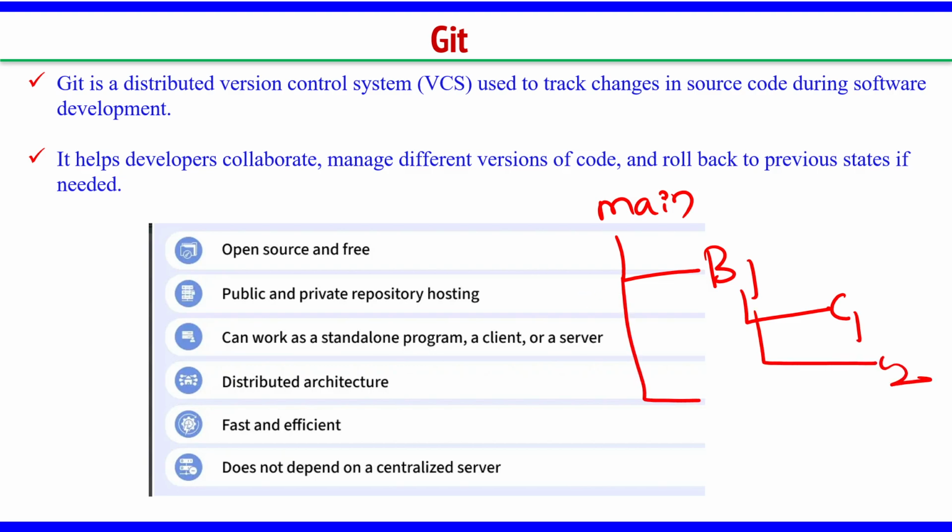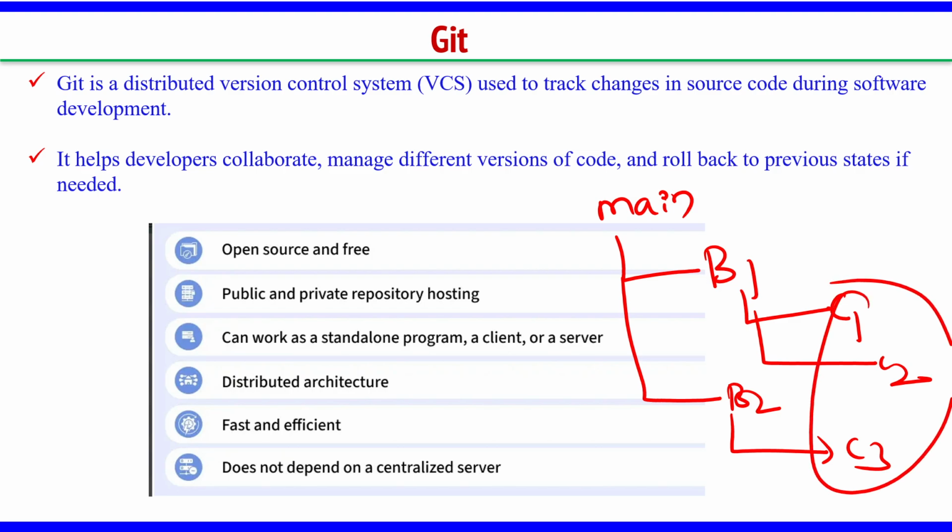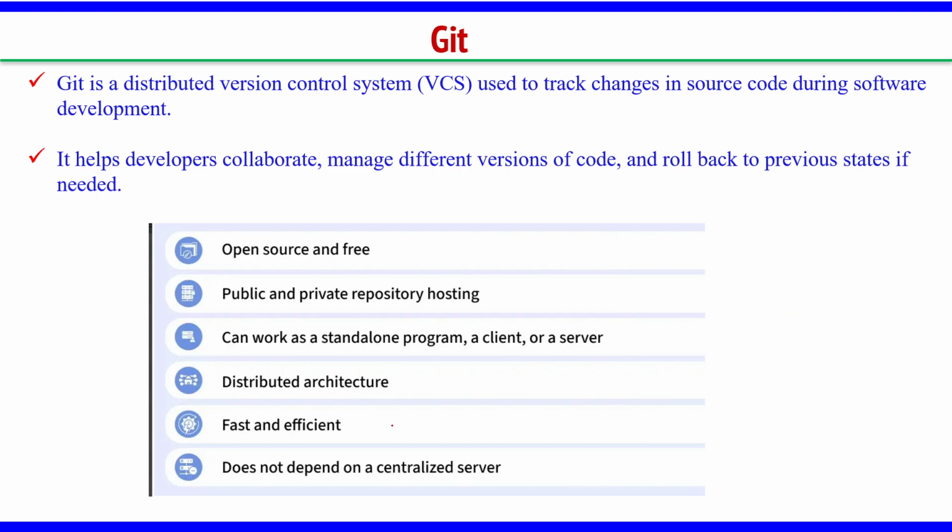Then there is another branch B2, and somebody is working as C3, like this. So parallelly multiple developers are working on the code. It is fast and efficient, and does not depend on a centralized server. So these are a few important features of Git.